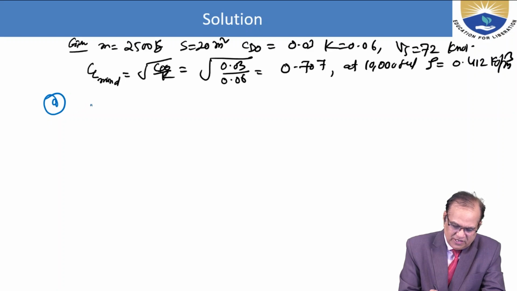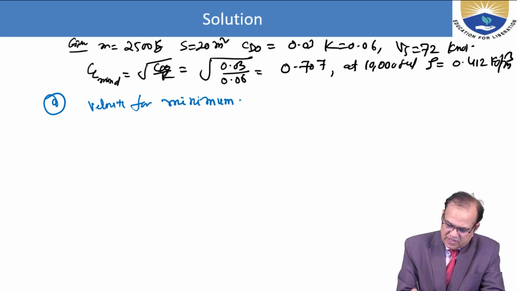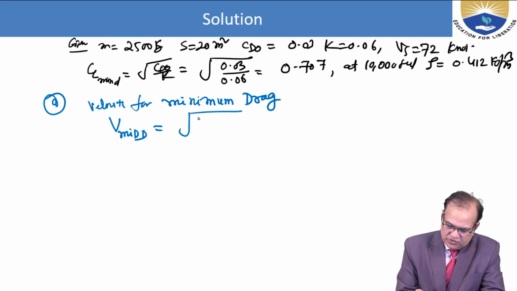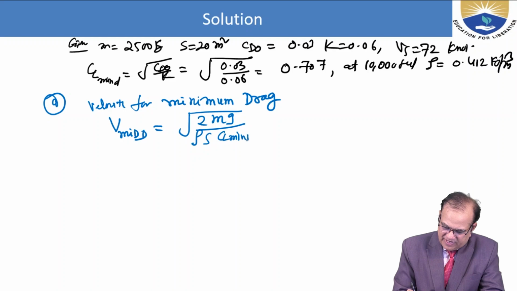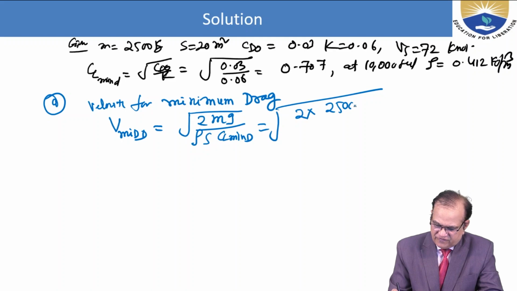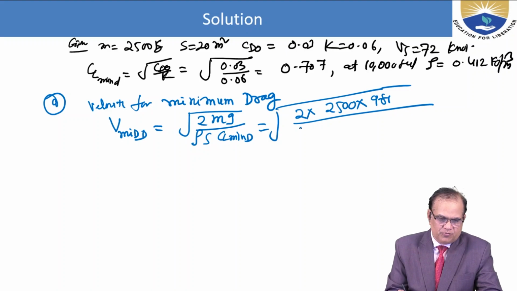So we have to find out the velocity for minimum drag. So V minimum drag is equal to square root of 2 mg by rho S CL minimum drag. So here 2 into mass 2500 into 9.81 divided by 0.412.